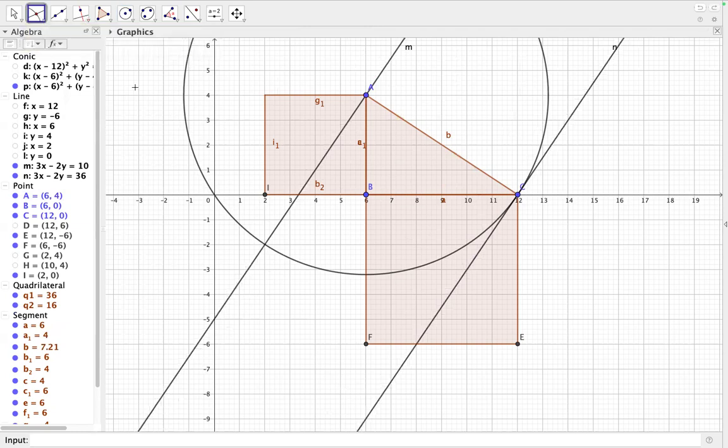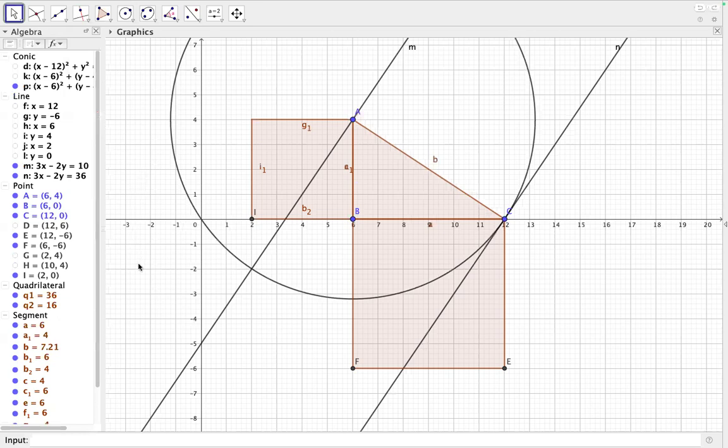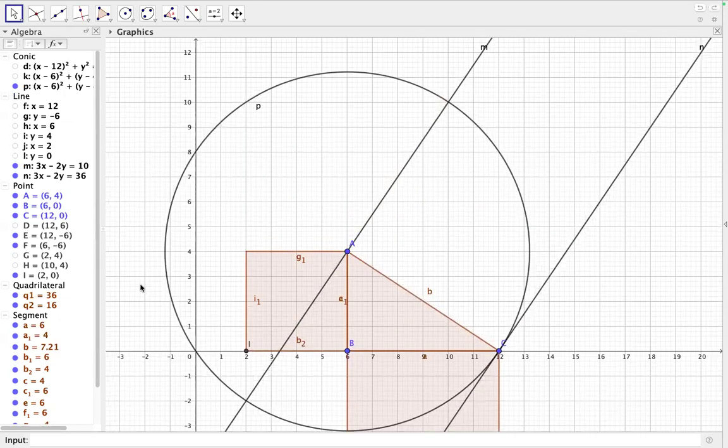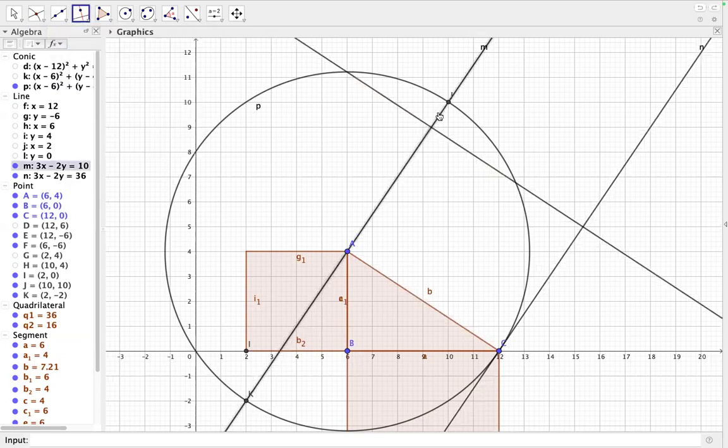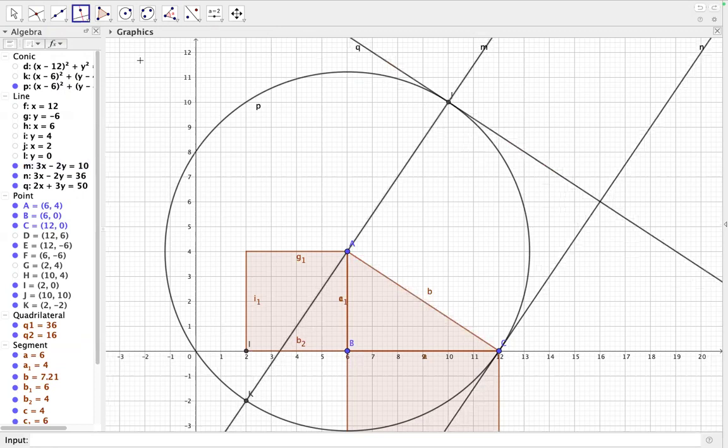Then using the intersect tool, so let me pull everything down so that we can find it, we find the points of intersection of these two. Then we can go back to perpendicular lines, then find the line perpendicular to this at this point here.